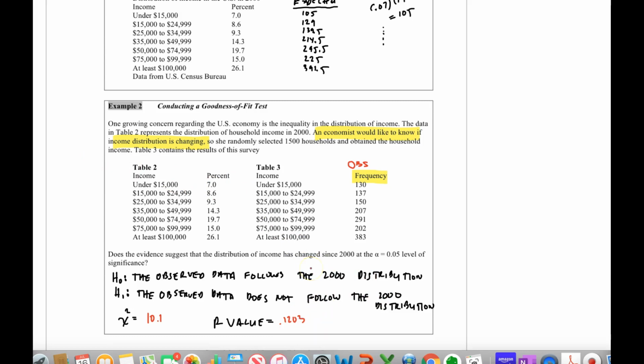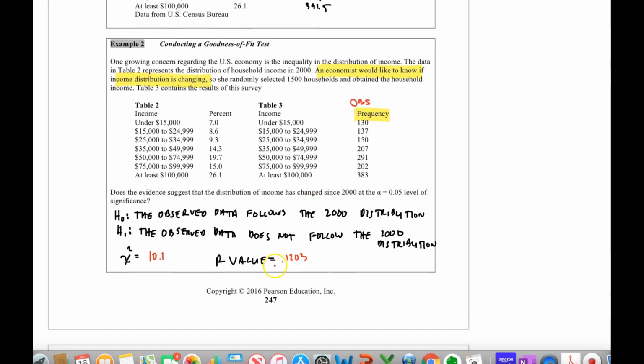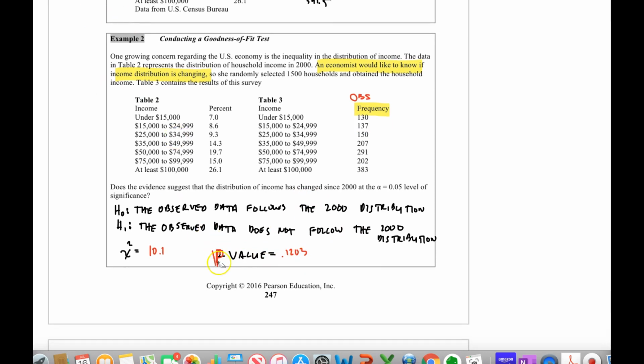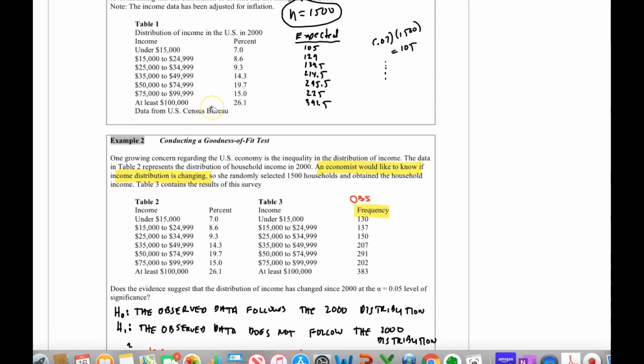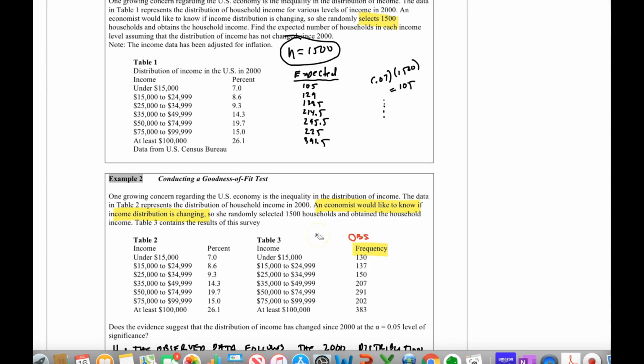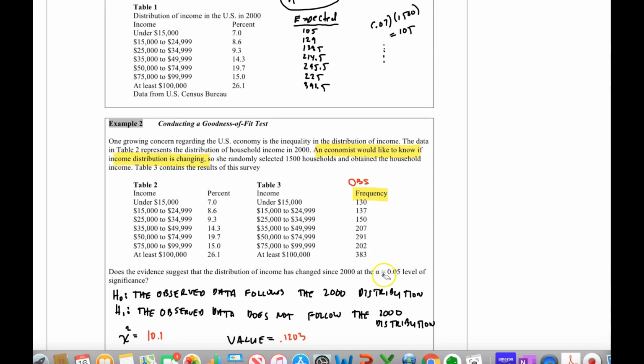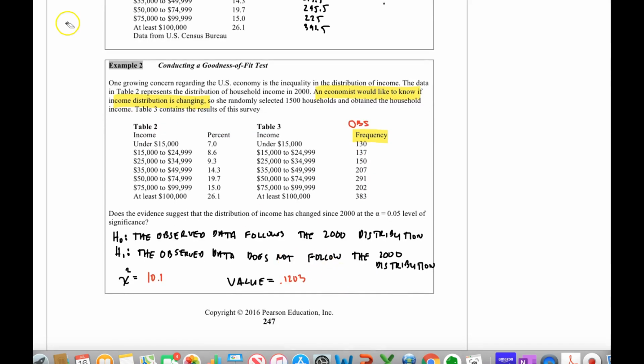And again, we go through that process because the p-value is greater than alpha, which is, do we have a significance level here somewhere? Oh, at the 0.05 level. Right here, the p-value is this here.